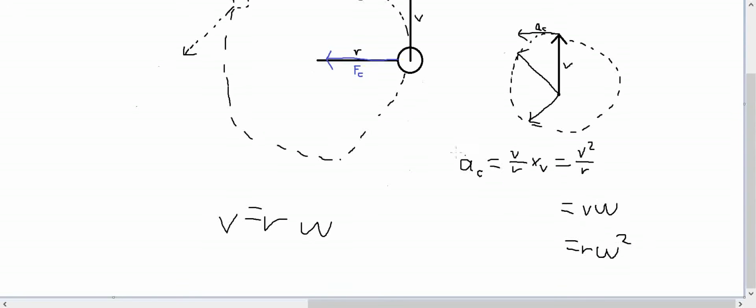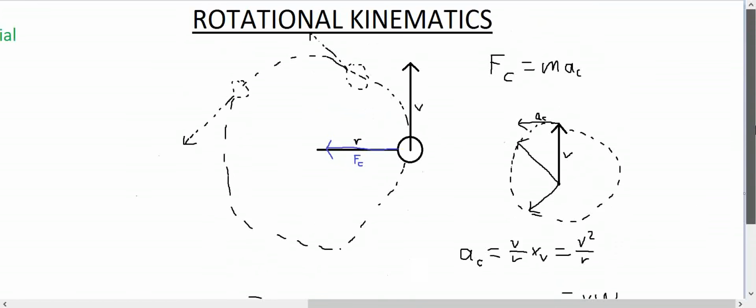Omega is the angular velocity. Okay. So the centripetal force and acceleration always act towards the center of the axis of rotation, no matter whether the velocity increases or decreases.